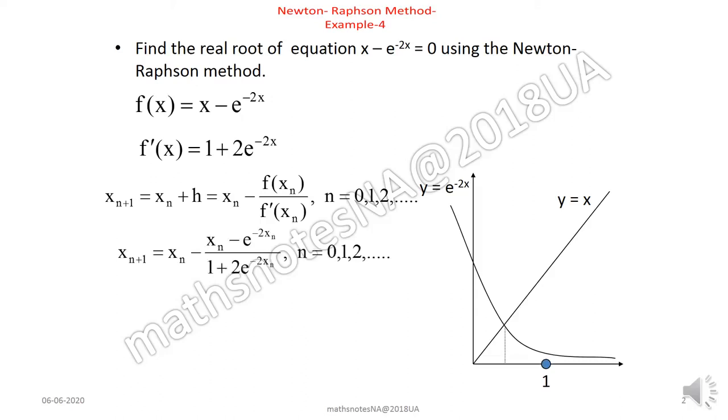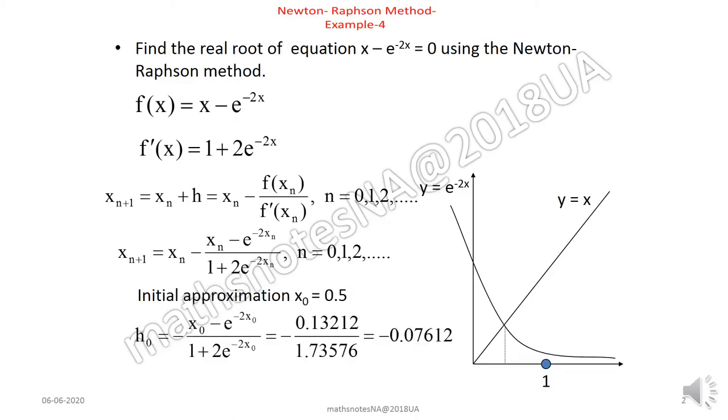Now we put the value of the function and its derivative in the formula. We take n is equal to 0, so we will find x1. The term xn minus e to the power minus 2xn upon 1 plus 2 e to the power minus 2xn, we first calculate, and we take x0 as 0.5 as an initial approximation.